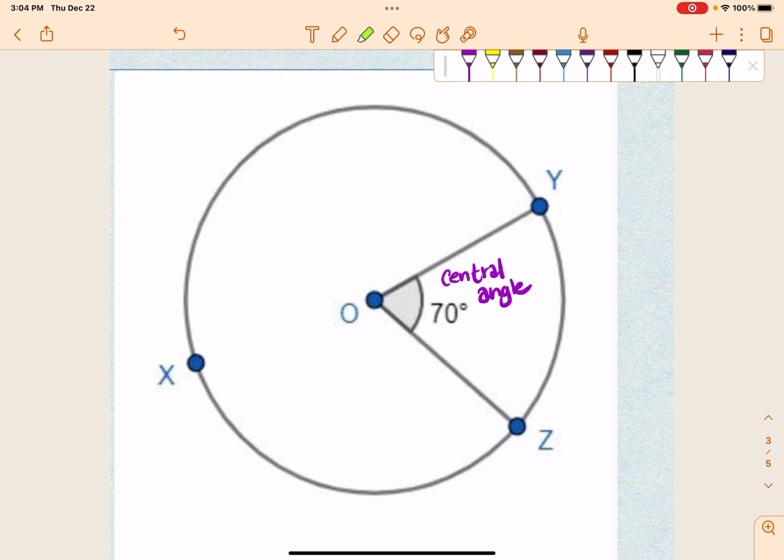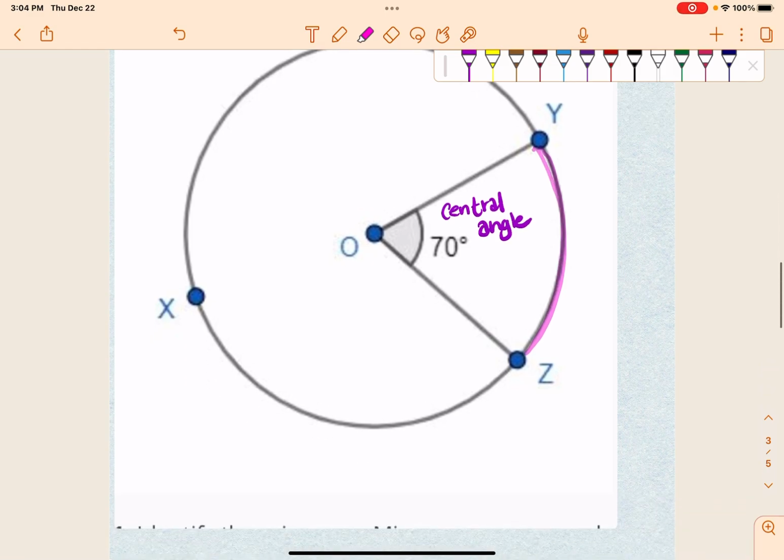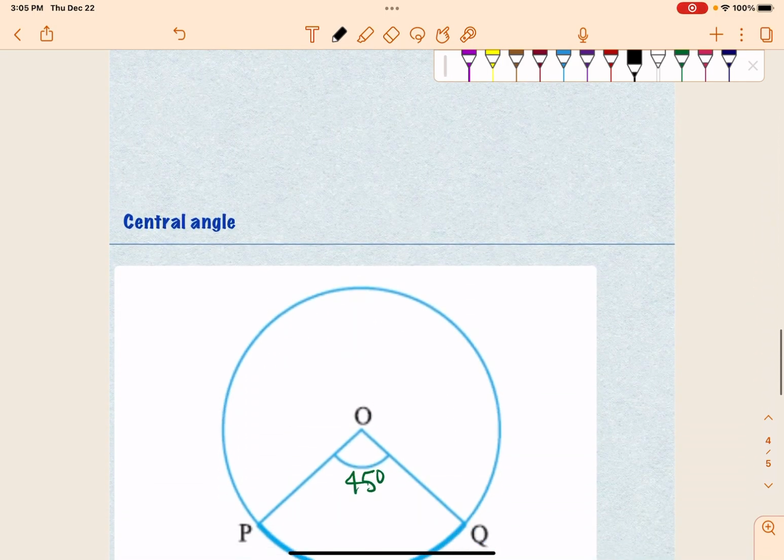When I talk about this arc right there, when I write that, Y and Z are the letters on the end of it. An arc is written with a little bit of a line over it. If I want to talk about the measure of that arc, it has to match the central angle. So this would be 70 degrees. Out here, that arc would have an angle measurement of 70 degrees.